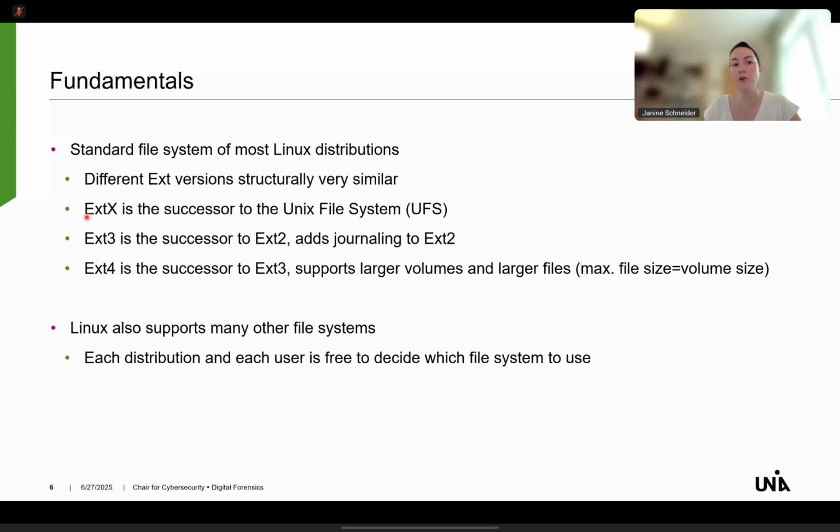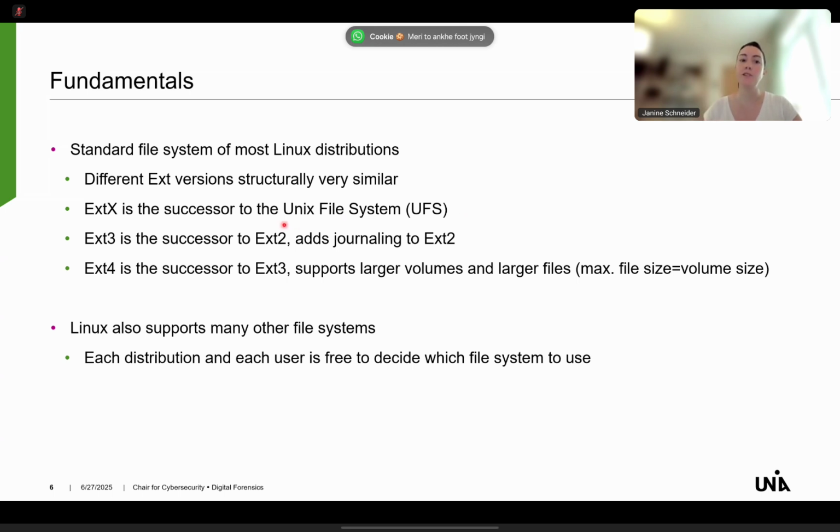Each new version of the Ext file system added new features. For example, Ext3 added journaling to Ext2, and Ext4 added larger volume support and larger file support. So probably Ext5 will also introduce new features and maybe handle SSDs more efficiently. We don't know yet, but the Unix file system was created to efficiently access data on HDDs.